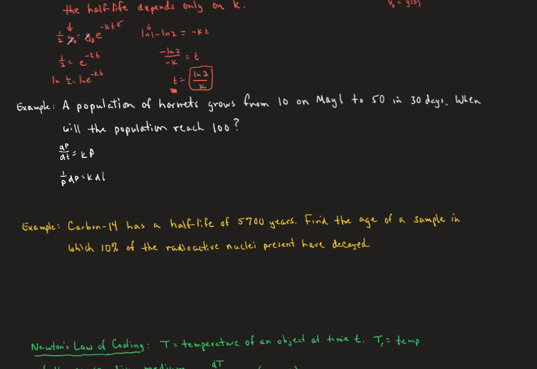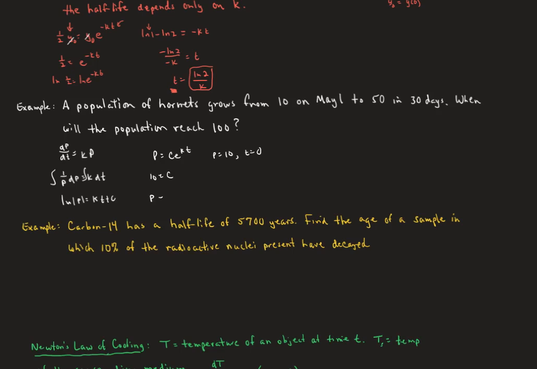We'll hopefully do what's getting routine: separate the variables, integrate both sides, get the natural log of the absolute value of P is kt plus C, which means that P is going to be C e to the kt. Since we know that our population of hornets is 10 at time 0, that's going to tell us that C is equal to 10.